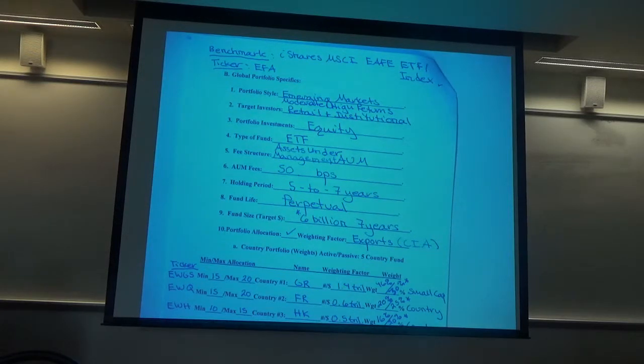You can charge assets under management, but you can also charge performance fees above some kind of hurdle rate if it was a private equity, privately managed fund. My holding period is 5 to 7 years. As for the fund life, some of these closed-end funds have finite lives, particularly when you're managing private portfolios or single accounts.